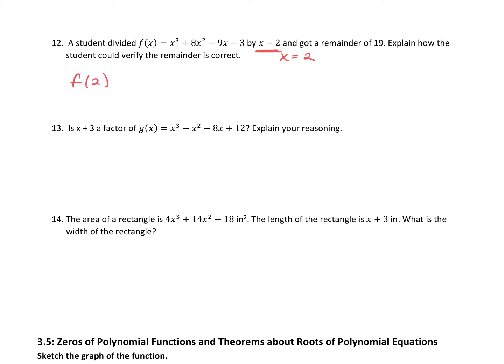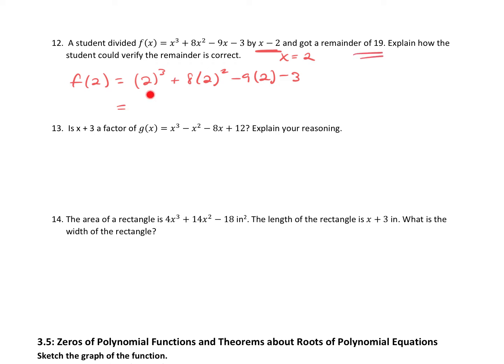So plug in a 2, f of 2, for all the x's, so 2 to the third power plus 8 times 2 squared minus 9 times 2 minus 3 to see if you get a remainder of 19.